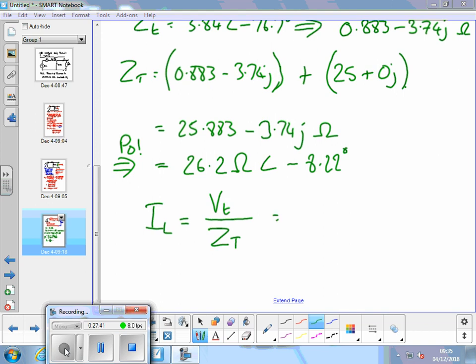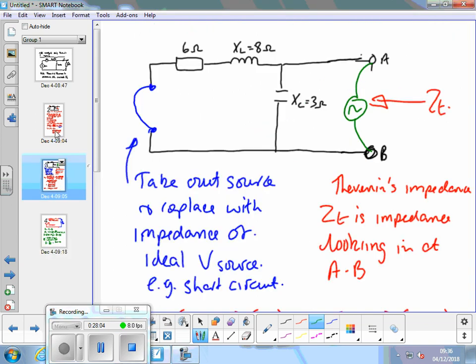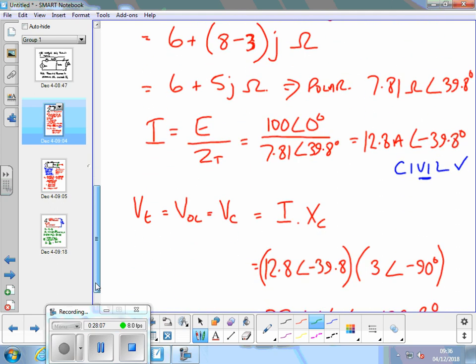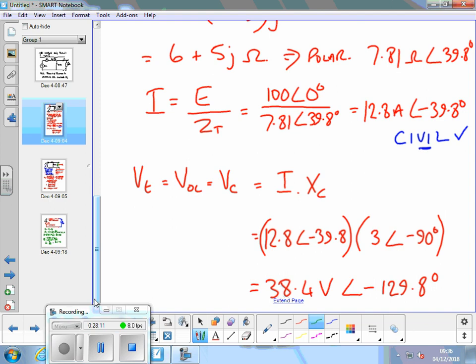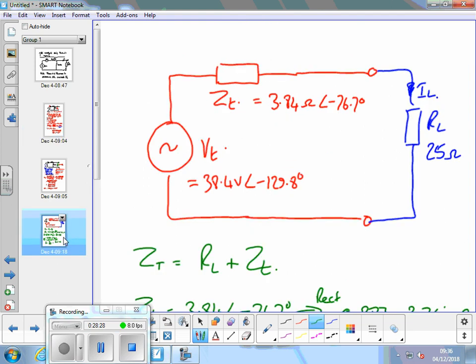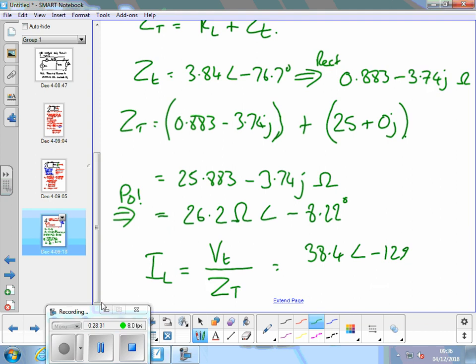V Thevenin's is 38.4 volts, and 29 degrees, that's just by chance.